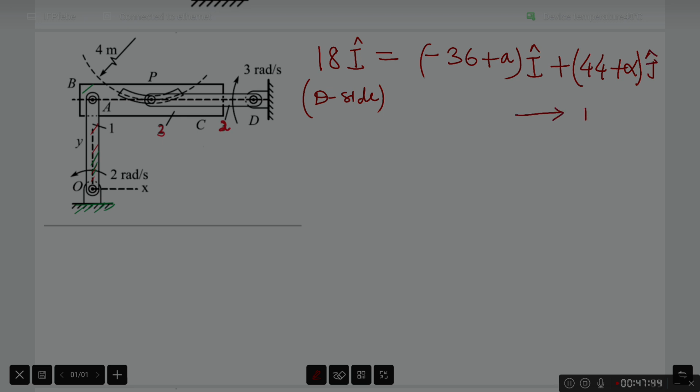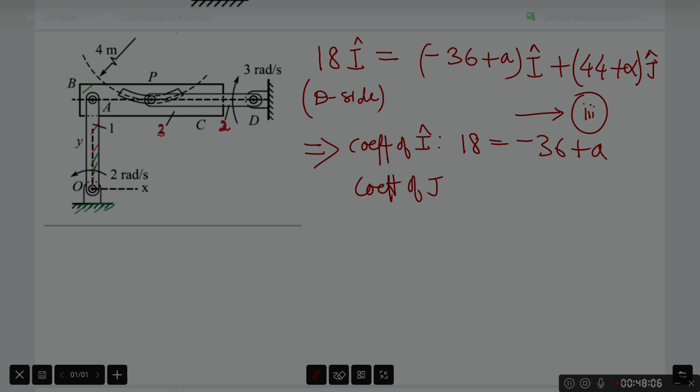Let us call this equation number 3. It is a vector equation capable of giving us two scalar equations. When you match coefficients of i on both sides, you get 18 equals minus 36 plus A, and when you match coefficients of j, you get 44 plus alpha adding up.